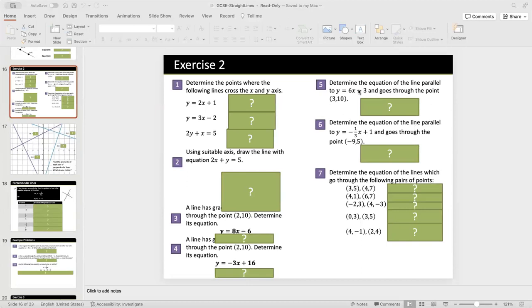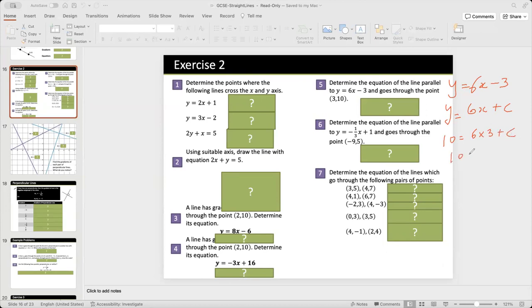Now, determine the equation of a line parallel to y equals 6x minus 3. That is the equation of the straight line. So when it's parallel, it's going to be y equals 6x plus c. Then it passes through (3, 10). So 10 equals 6 times 3 plus c.